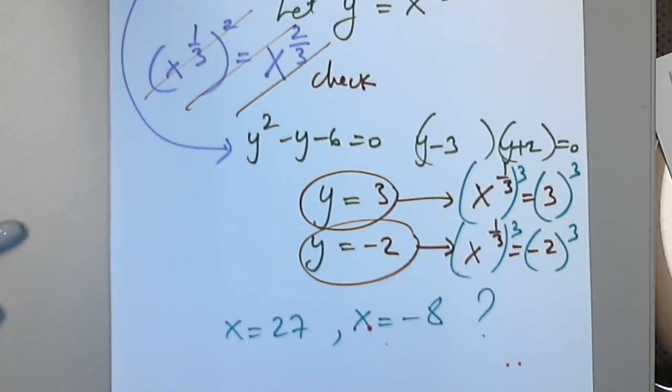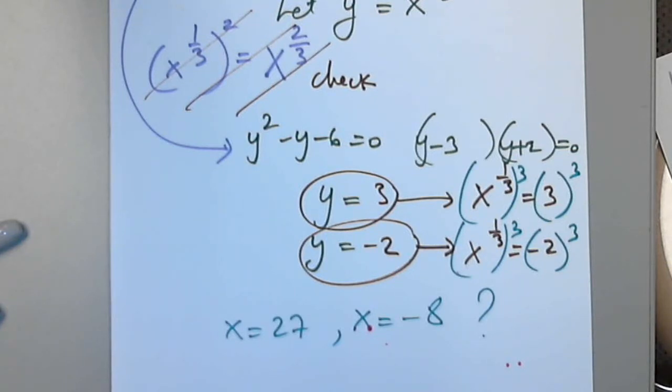What do I want to plug in? 3, 27 and that's it. What should I get when I plug in 27? Of course, I have to get 0.